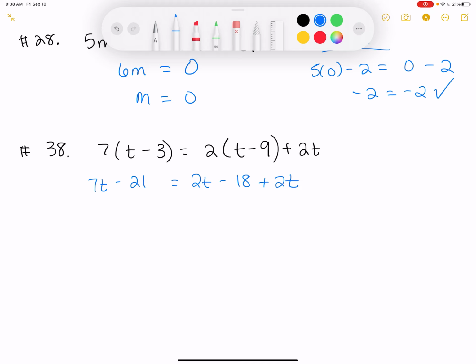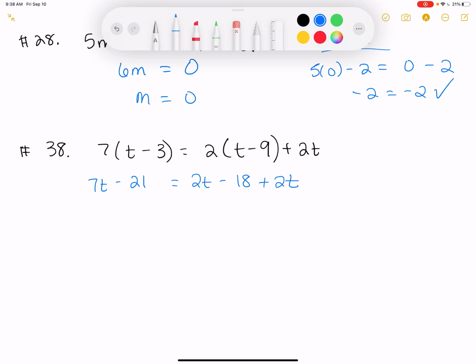If you would prefer to go ahead on the right side and combine the two t values and then just move one thing over, that's fine. I'm pretty flexible with problems like this and not showing all the little steps. So I'm going to just throw all the t's over here.